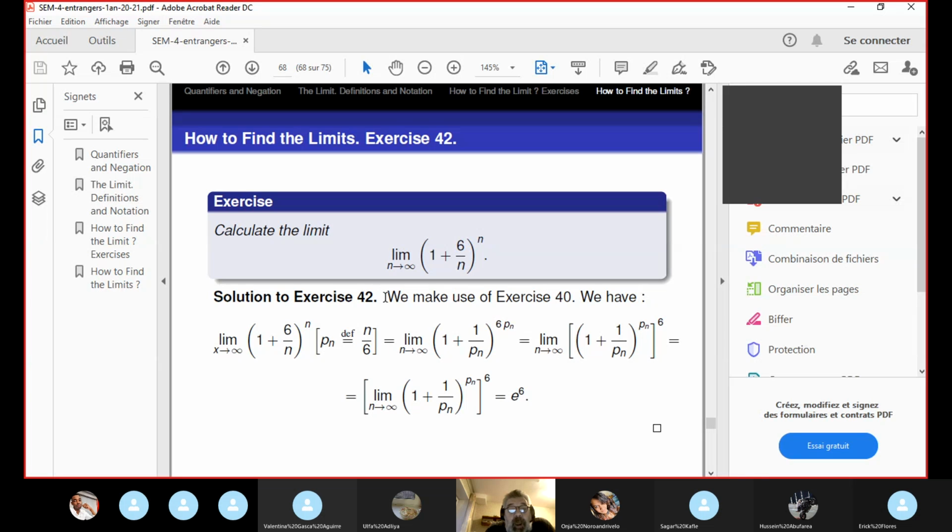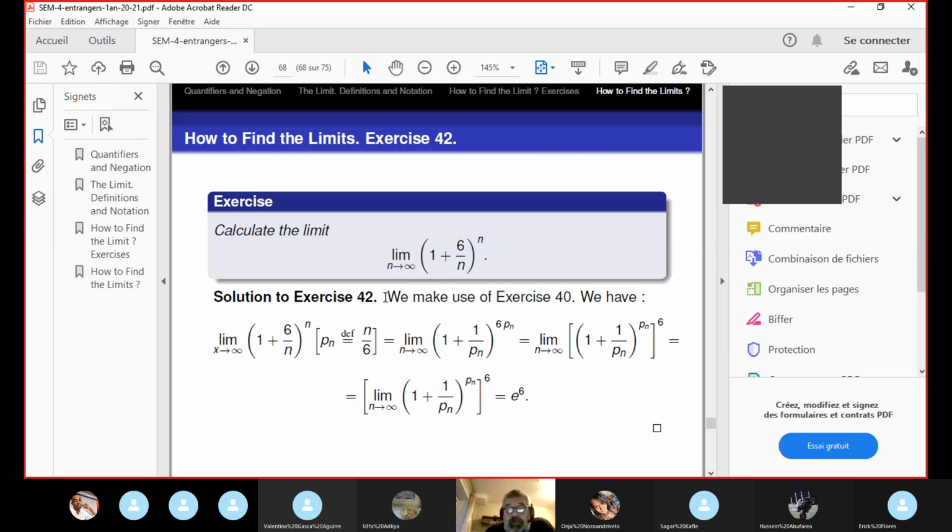So if I write that (1 + 6/n)^n, if I introduce the notation as in exercise number 40, p sub n will be n over 6. It's the notation.